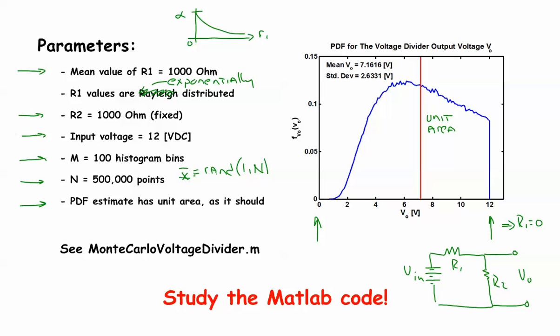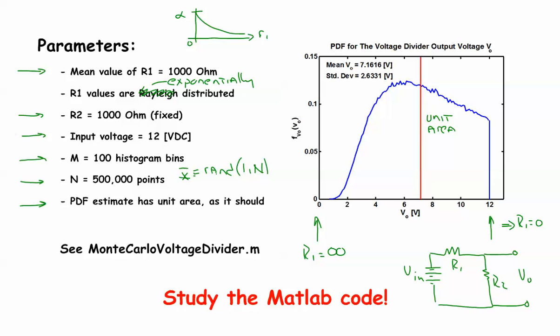So it's got a long tail that moves out towards resistor values of infinity, so it approaches 0 smoothly. When R1 becomes infinity, all the voltage is dropped across R1. There is no output voltage. Because of the smooth transition of my probability density function for my resistor values, I get a smooth transition back down towards 0. So this represents R1 equal infinity.